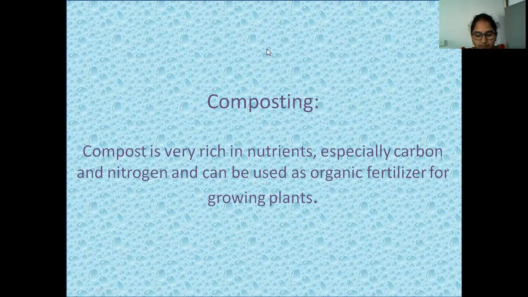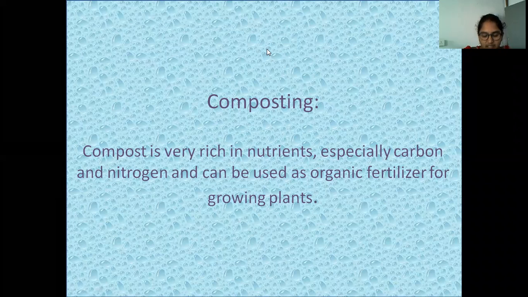Composting is a biological process wherein biodegradable organic matter undergoes aerobic decomposition by aerobic microorganisms to form compost.